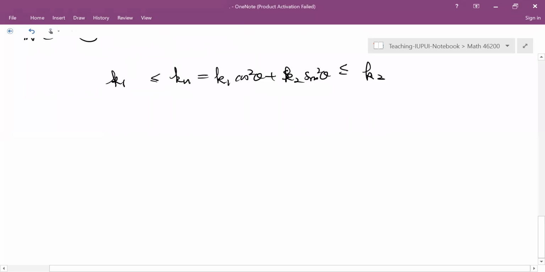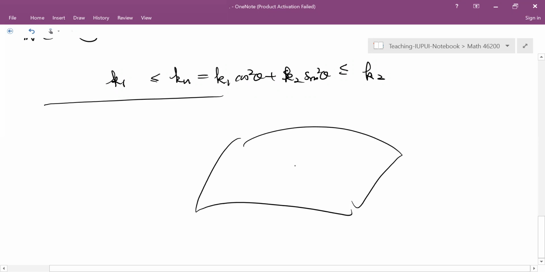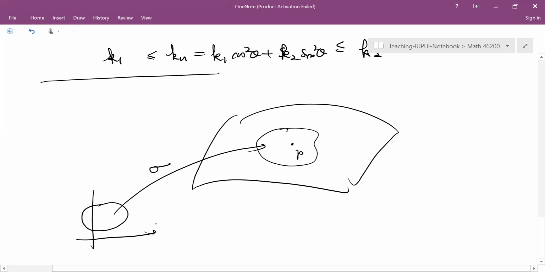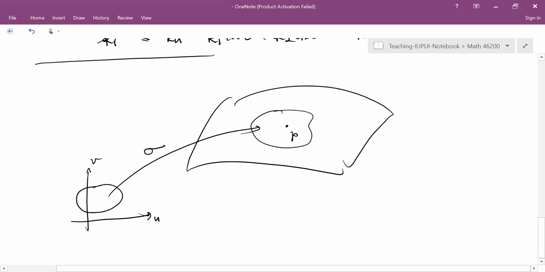So how to compute it? We have a basis. This is a point, here's a surface patch, and this is a domain in the UV plane. Now you get the basis: one is sigma u, the other is sigma v.